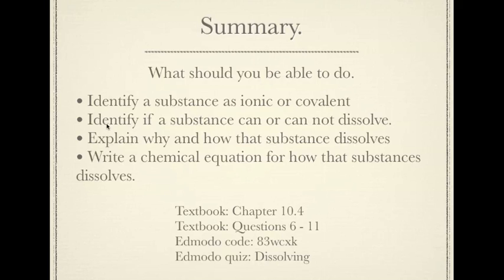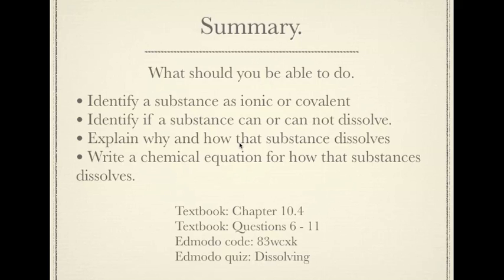Then you need to be able to identify if the substance can or cannot dissolve. So you need to look at the substance. If it's ionic, check your solubility rules to see if it will dissolve. If it's covalent, check to see if it's polar and see if it will dissolve or not. And you need to explain why and how that substance dissolves. So if it's ionic, it's going to break apart.